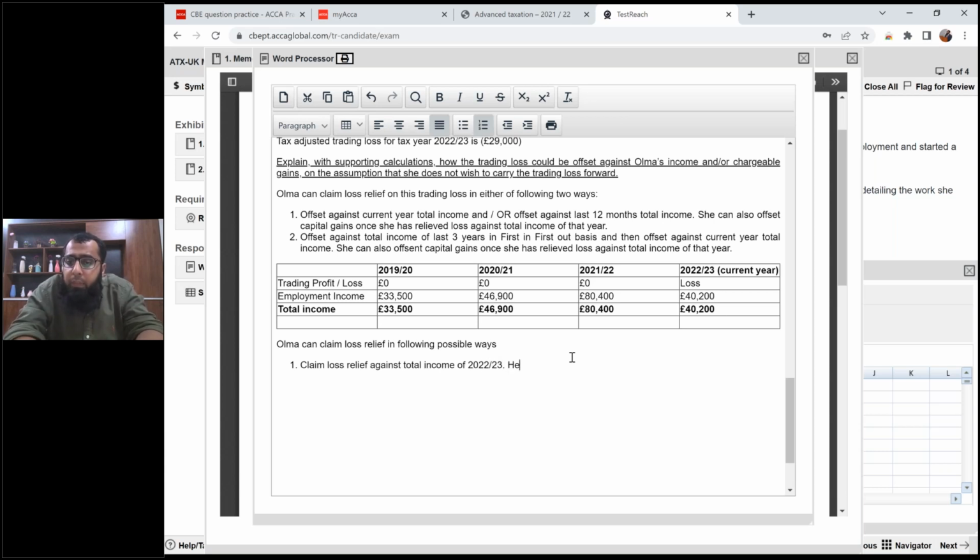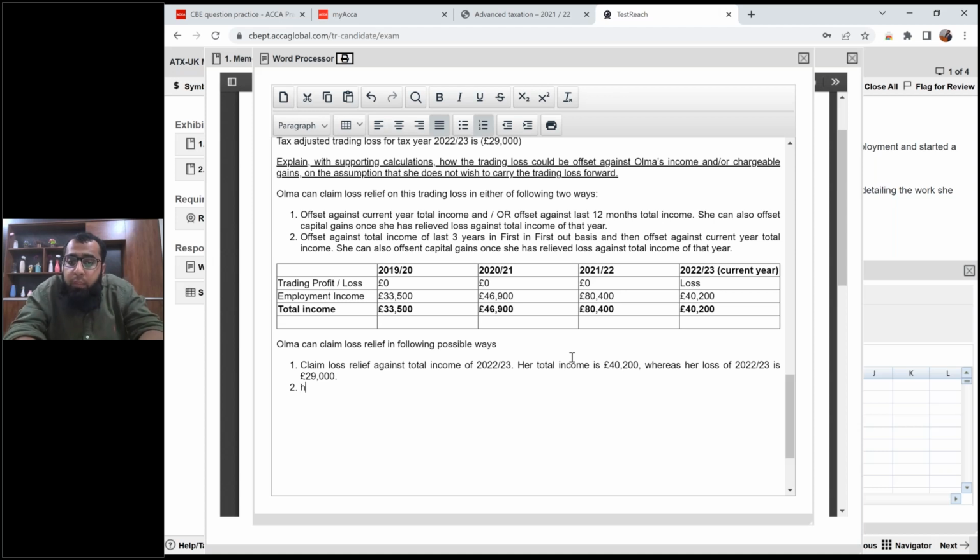Her total income is 40,200, whereas her loss of 2022-23 is 29,000. One option is that she can claim the loss relief against total income of 2022-23.